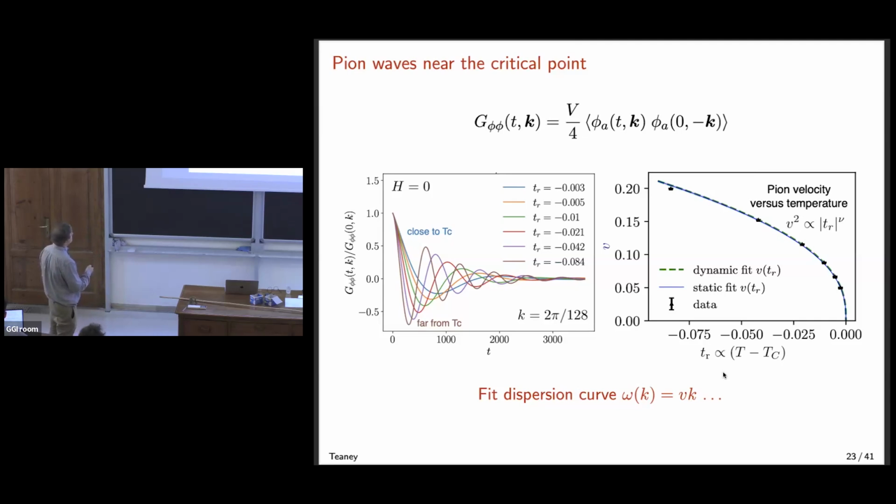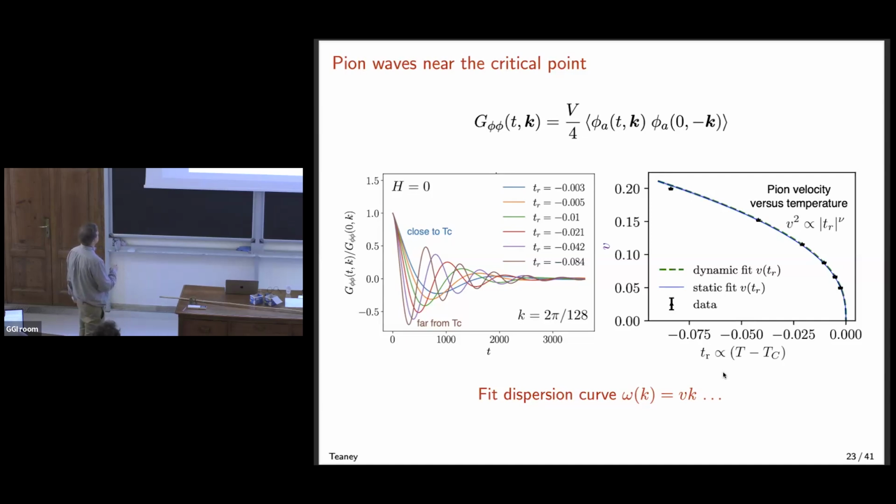Far from T_c, you see a really strong pion wave, which has many, many oscillations for fixed wave number. As you get closer and closer to T_c, the waves become increasingly damped. There are increasingly more dissipative corrections, until you finally really don't have a pion wave at all.